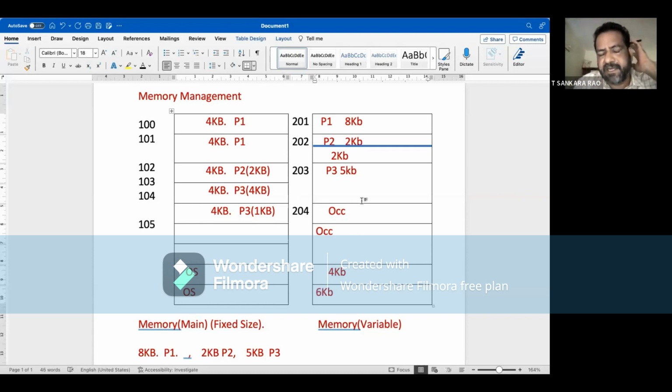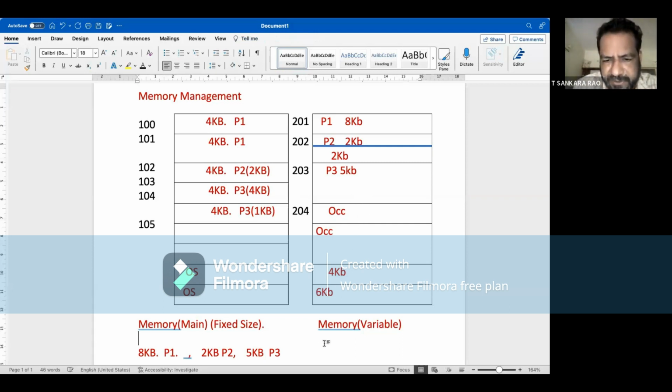See, for example, a new process came, which is P4, which requires 3 KB. Where is it placed? This is, for example, 205. Listen carefully. 206, and this is 207.